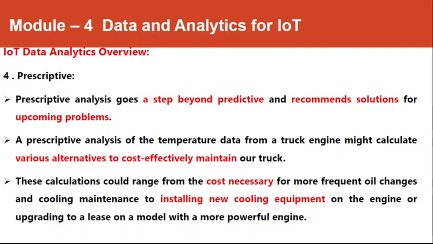This calculation could range from the cost necessary for more frequent oil changes and cooling maintenance, to installing new cooling equipment on the engine, or upgrading to lease a model with a more powerful engine. So prescriptive analysis goes ahead of predictive analysis. That is, it gives more alternative solutions for the problem, on how to maintain it in a cost-effective manner.